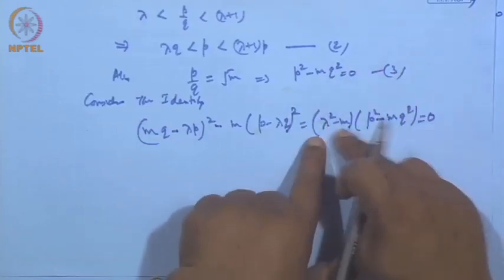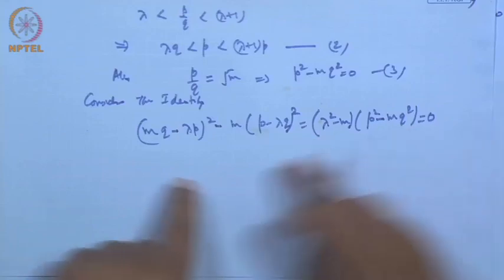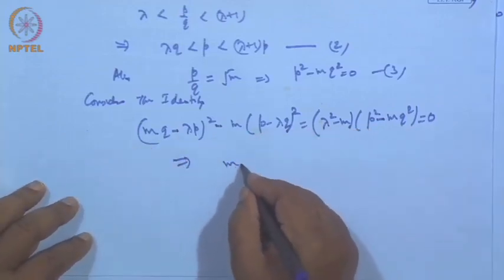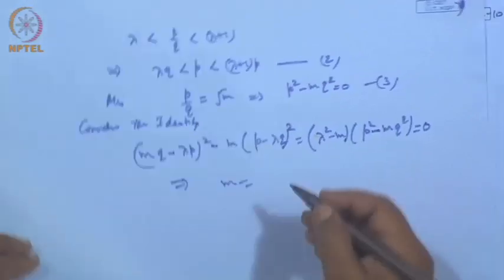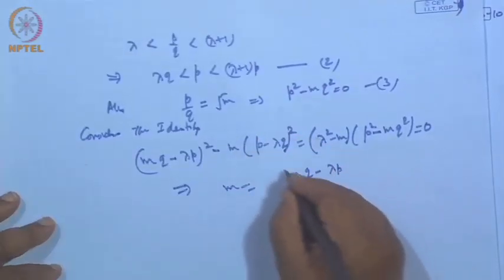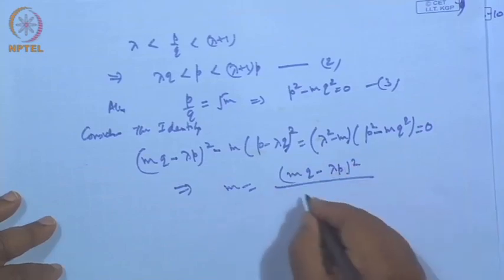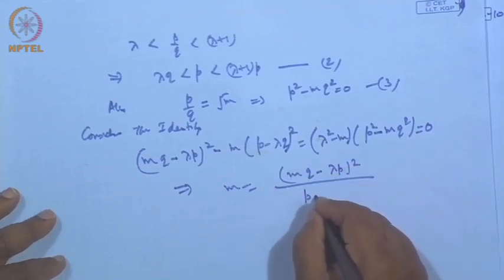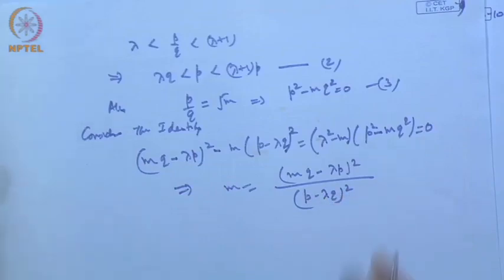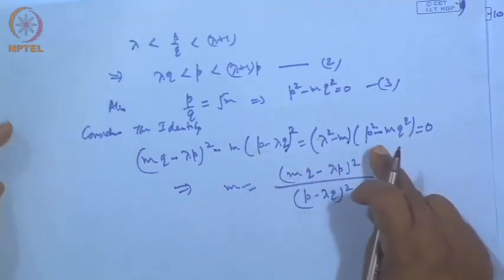So, this part is 0, means the total thing is 0. So, from here we can write m equals (m q minus lambda p) whole square divided by (p minus lambda q) whole square, is it not?